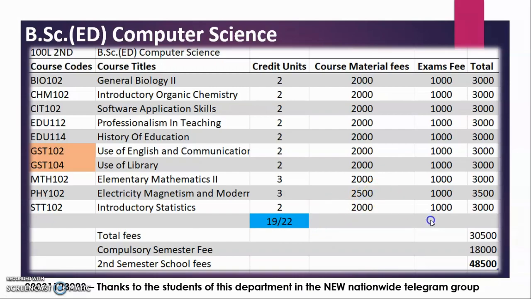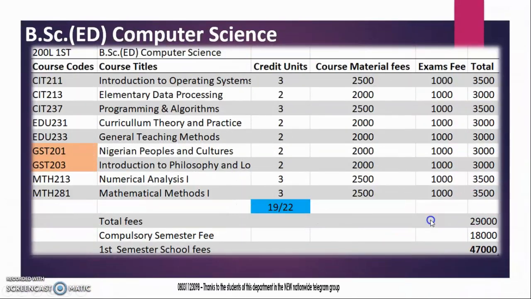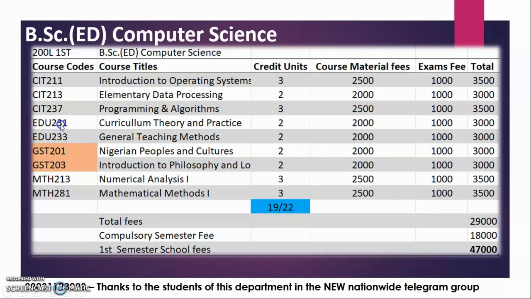Now we move to first semester 200 level, and here are your courses. You still have some GST to offer, and your educational courses are there too. You are still expected to pass 19 units here too, giving you more opportunity for any possible carryover from previous semester.